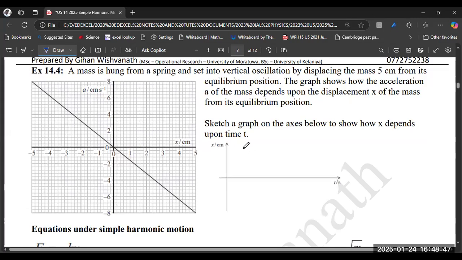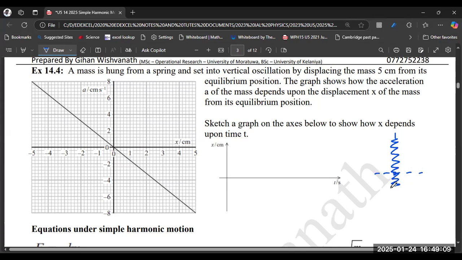A mass is hung from a spring and set into vertical oscillations by displacing the mass 5 centimeters from its equilibrium position. Okay, we'll see how practically it happens.